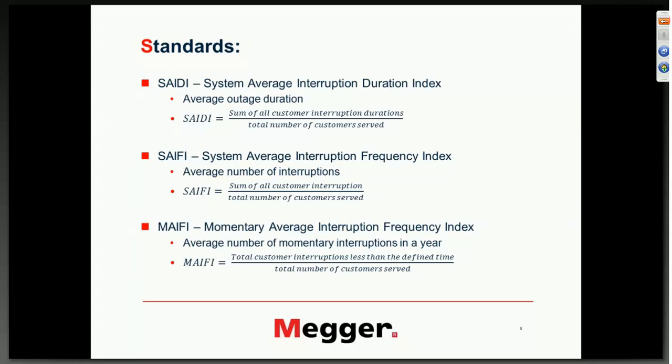So you need to keep that under a specified value. The final one, MAIFI, is the Momentary Average Interruption Frequency Index, and that's the average number of momentary interruptions in a year. Again, same as before, you need to keep that index as low as possible.